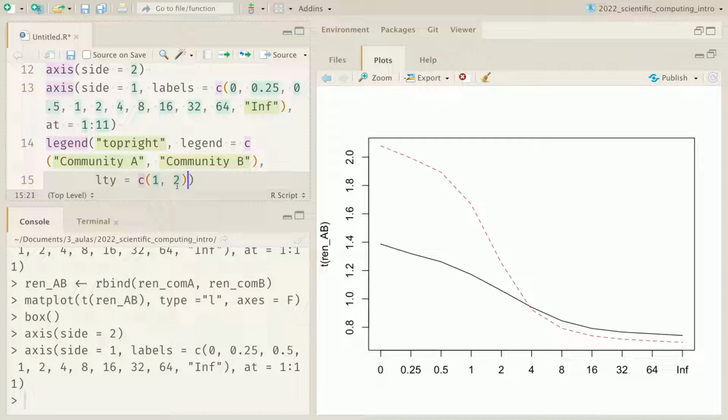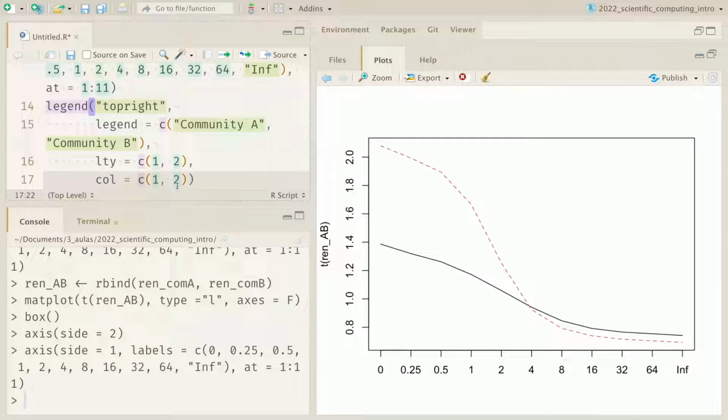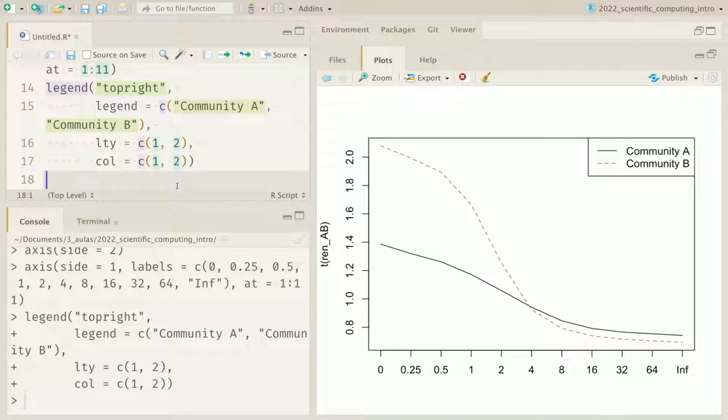So line types 1 and 2. And the colors also. The first color is black, and the second color is red. I will just format this nicely. Okay, so this should add a legend to this plot. And as you can see, plots in base R can add elements, the same way ggplot works.